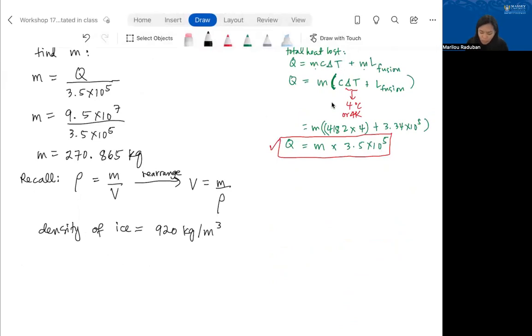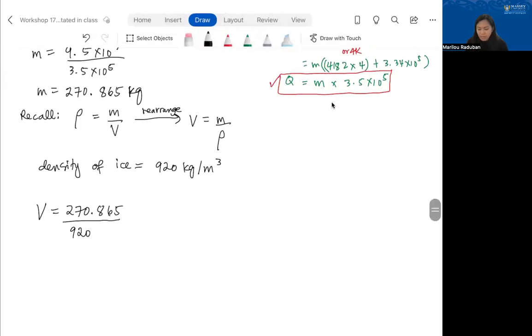Okay, so we know how much water is frozen into ice by calculating the mass, and so the volume will be 270.865 kilograms of ice divided by the density, 920 kilograms per cubic meter for the density of ice.